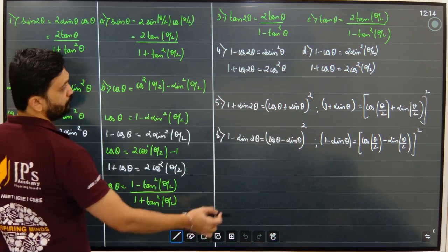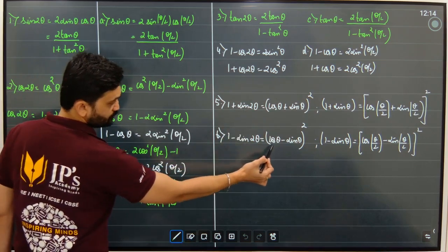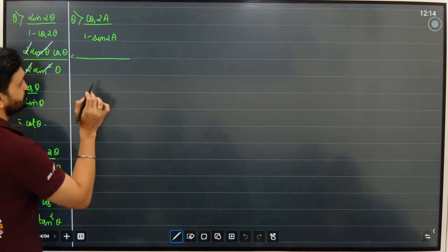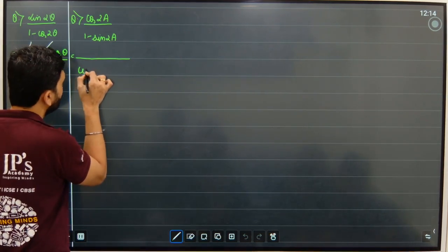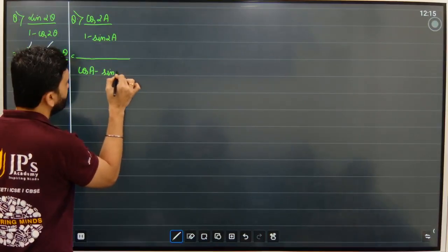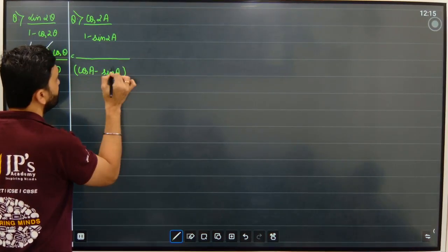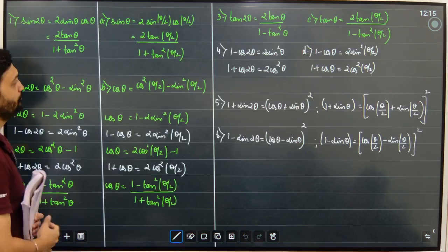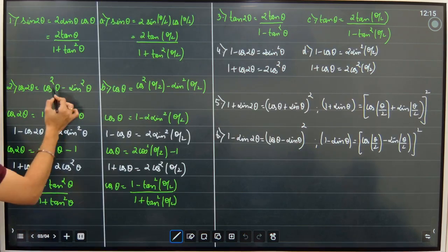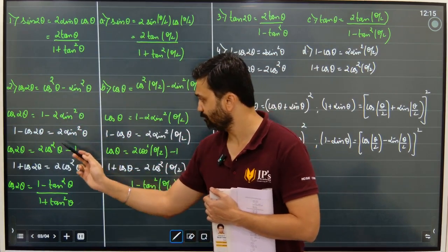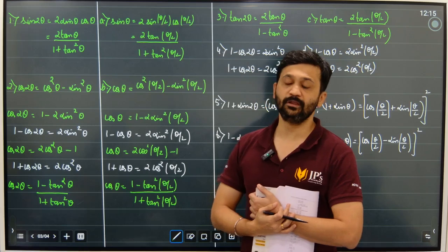The formula for 1 minus sin 2a is (cos a minus sin a) the whole square. So I'll write the denominator, (cos a minus sin a) the whole square. And for cos 2a, I have 4 formulas: first formula, second formula, third formula, fourth formula. Which formula am I supposed to use?